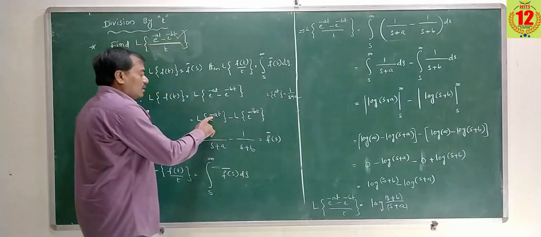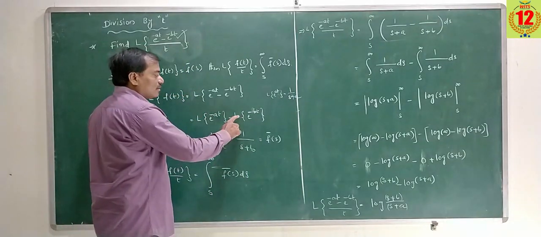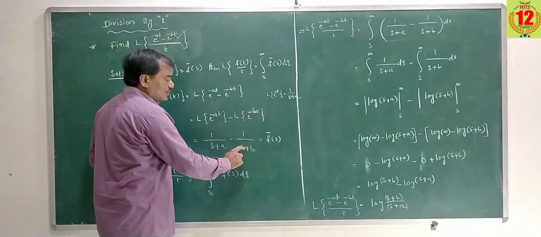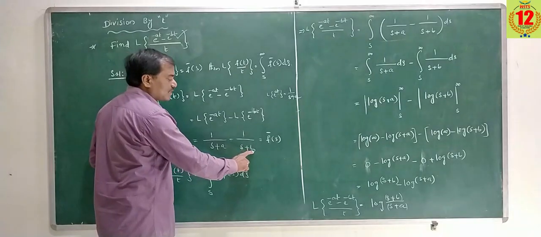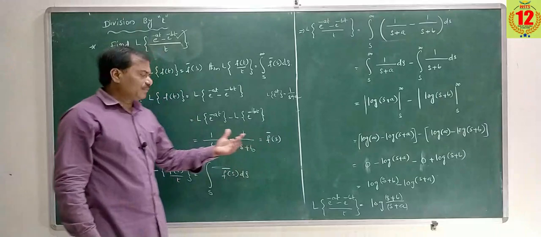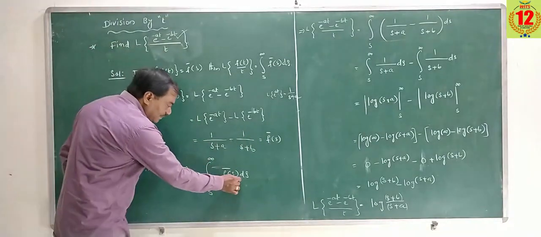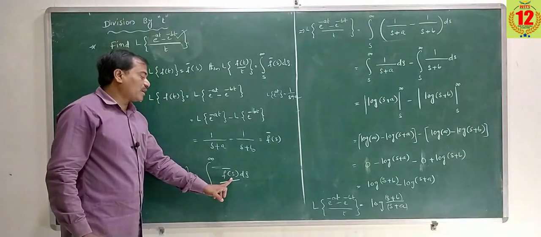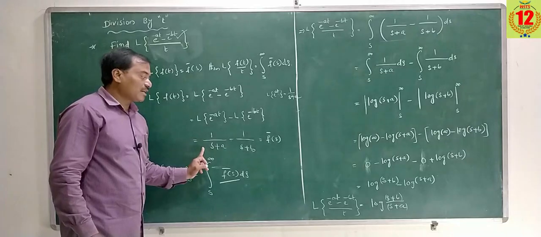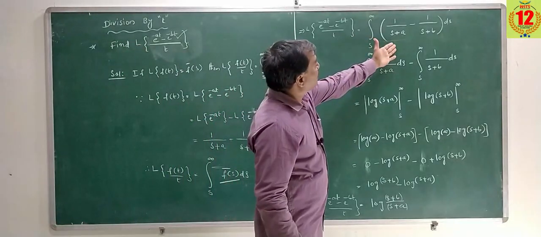Here it is minus a, so we get 1 by s plus a, minus the Laplace transform of e power minus bt, which equals 1 by s plus b. This is called f bar of s. In order to find the Laplace transform of f of t by t, on the right-hand side f bar of s is replaced by 1 by s plus a minus 1 by s plus b.